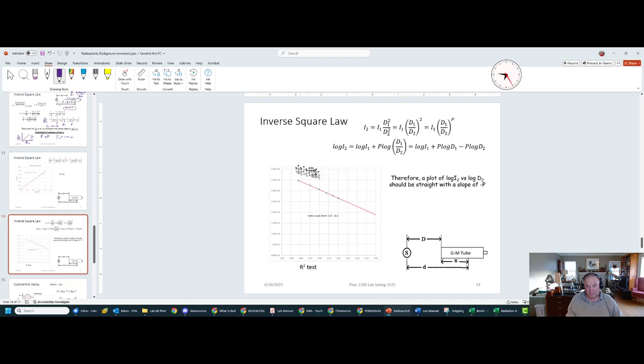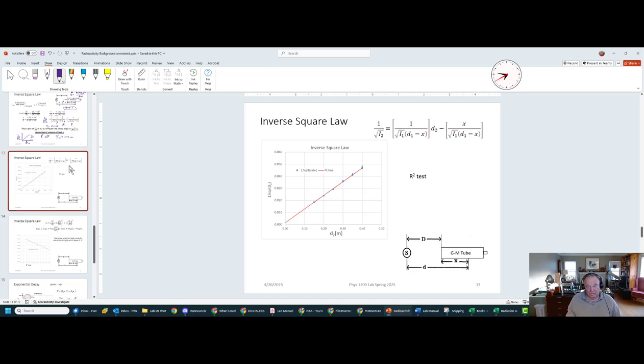But we can make this plot, and it should be a -2. Yeah, I mean, this is another double check. I think we could do an R-squared test here. But this one is the nice one that the R-squared test is going to prove to us.